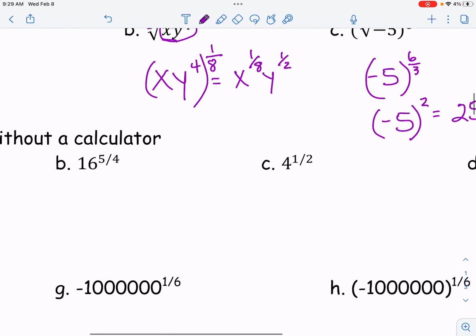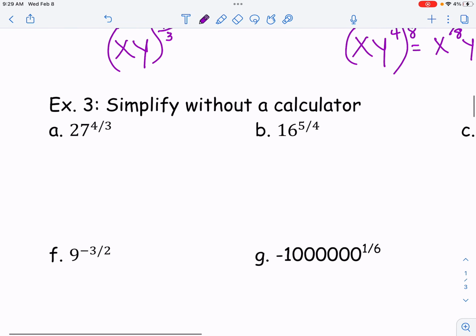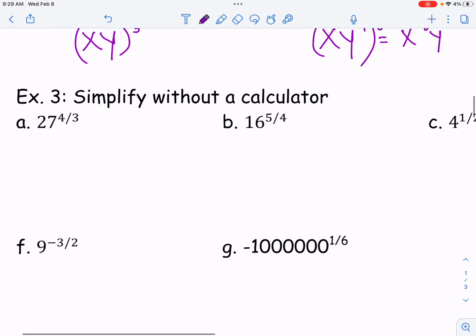All right, we're going to solve these without a calculator. You want to get in the habit of reading it in a way that you can do it without the calculator. 27 raised to the 4/3 power in rational exponent form would be difficult.